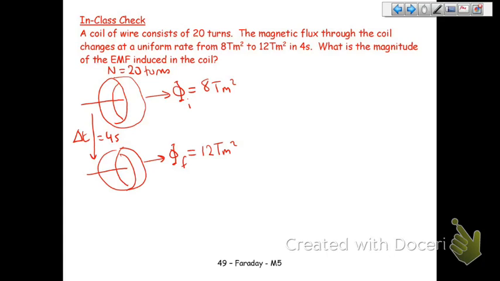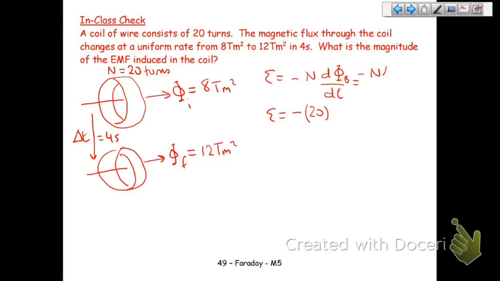What's the EMF? So the EMF is equal to minus N d phi by dt. I suppose we need to have phi B and phi E so that we don't get confused about whether it's the electric flux versus the magnetic flux. So we say, okay, E is equal to minus N, and my N is 20. Let's just make this one more step.